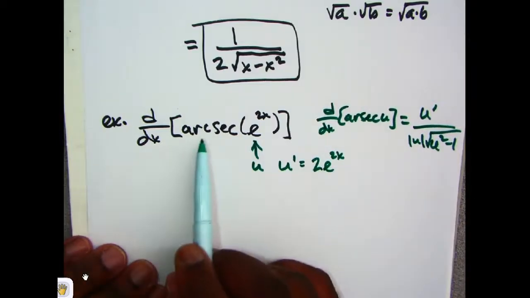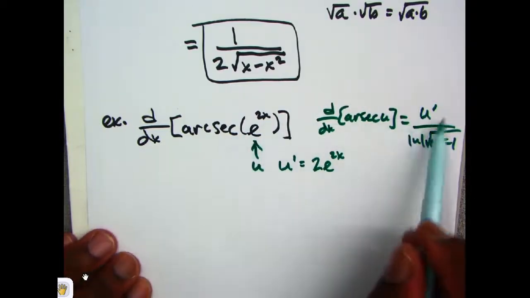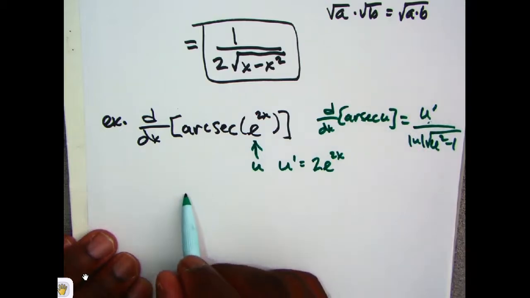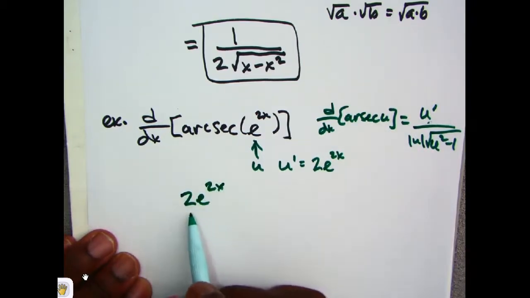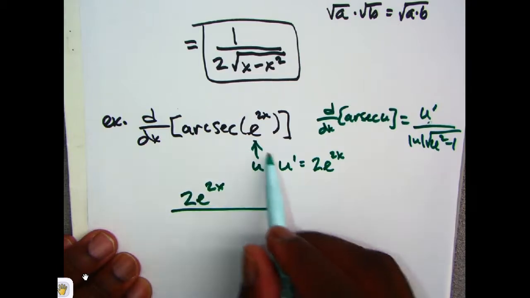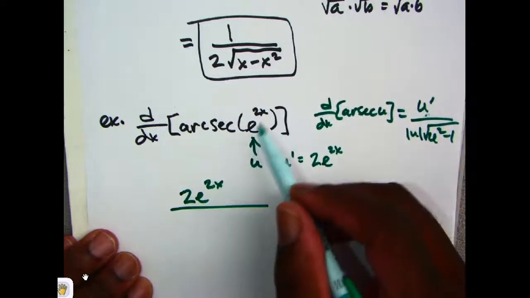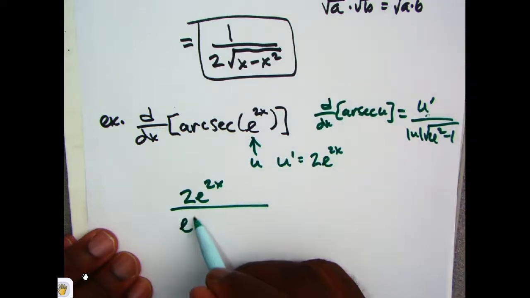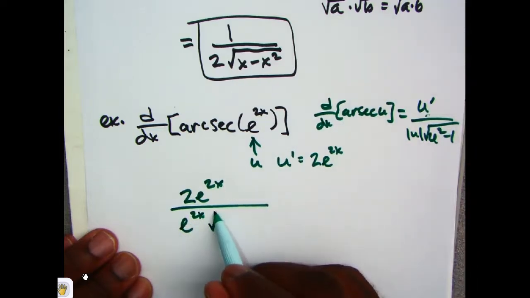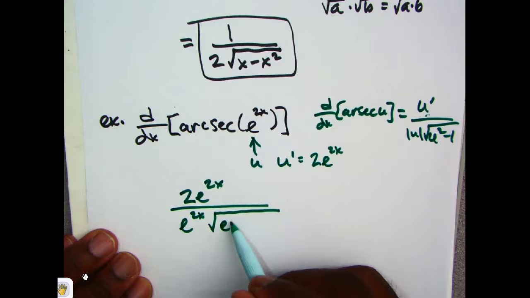So the derivative of arcsecant of e to the 2x, we're going to plug it into this formula. It's going to be 2e to the 2x, that's our u prime, divided by absolute value of u. Now, e to the 2x is always positive, so I don't really need the absolute value. So e to the 2x times the square root of e to the 2x squared minus 1.